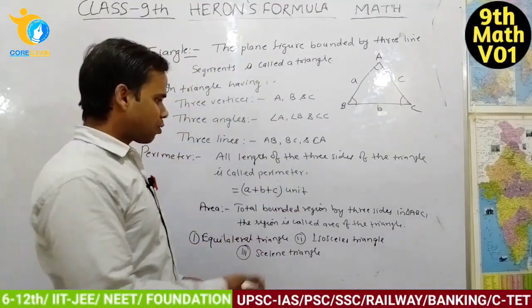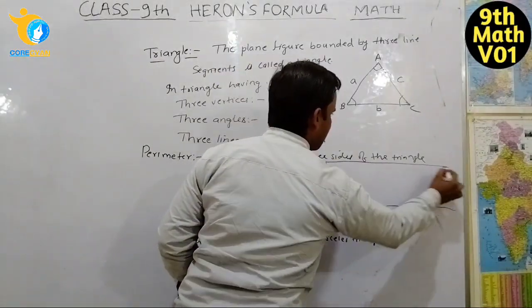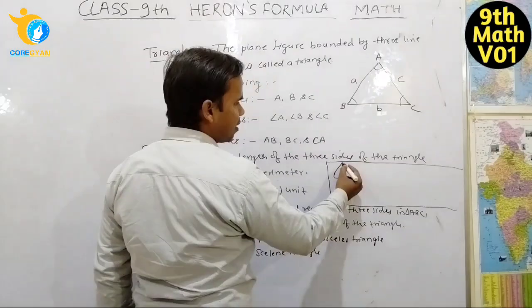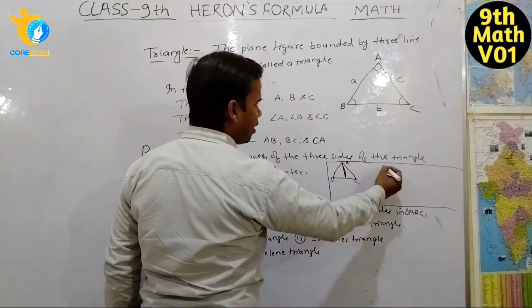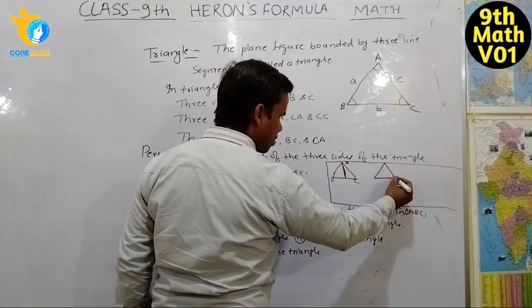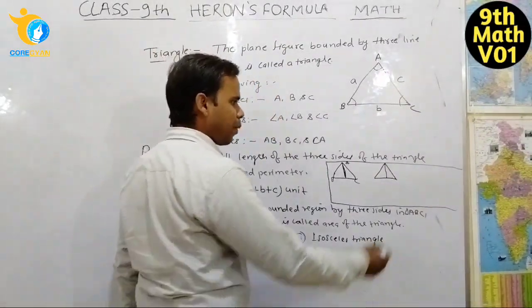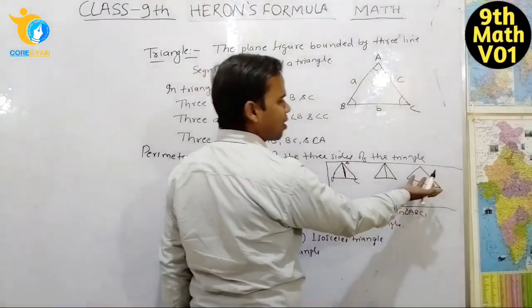So according to the definitions, if this is an equilateral triangle, then we can find the height of the triangle. In an isosceles triangle, also we can find the height, but in a scalene triangle we cannot find the exact height.